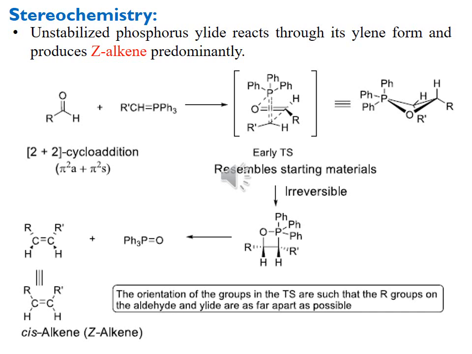This is further converted into a cyclic molecule having a 4-membered ring, also called oxaphosphetane, and this molecule is irreversibly converted, that is, it is not converted back into its transition state or reactants. It only moves towards the product. And in this oxaphosphetane structure, you can see the same groups are on the same side, and we get the product in which same groups are on the same side of the double bond, and so we get cis alkene or Z alkene in this case.